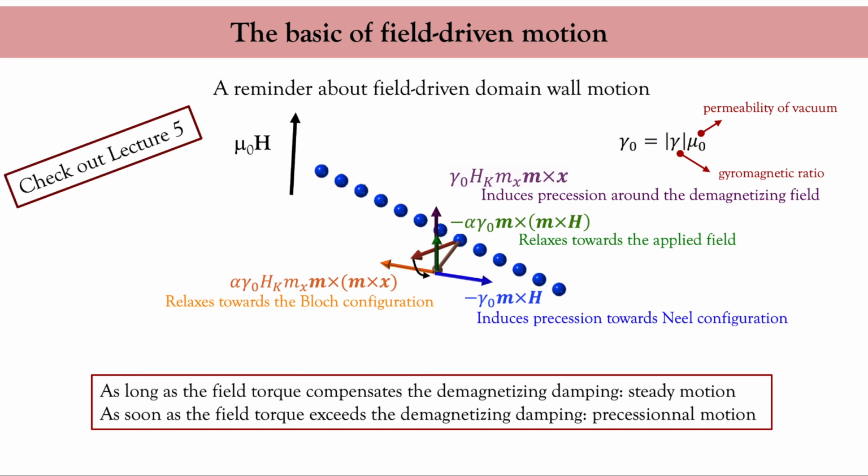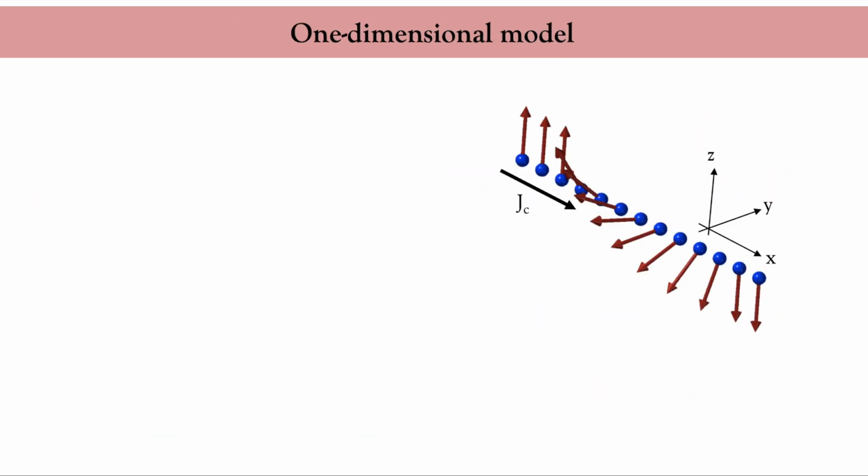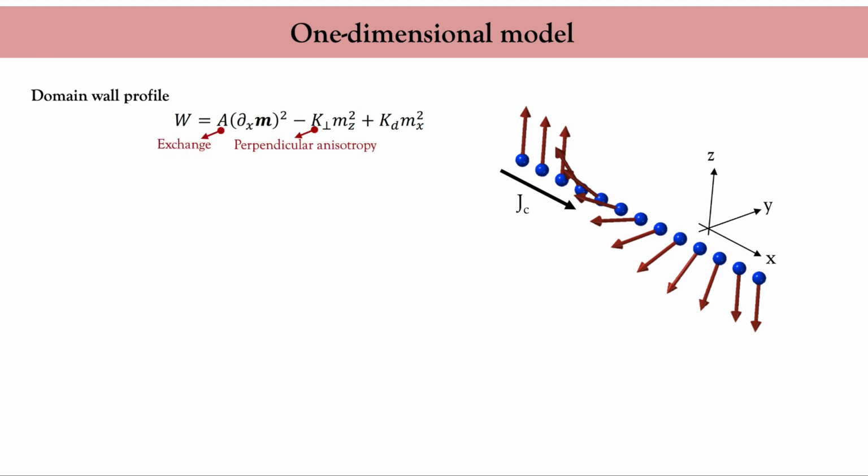Now, I want to consider the motion induced by spin transfer torque. What happens when I inject a charge current along the wall? I will assume that during the motion, the domain wall remains rigid. To get the wall profile, we consider the following magnetic energy density with exchange, uniaxial anisotropy, and dipolar anisotropy.